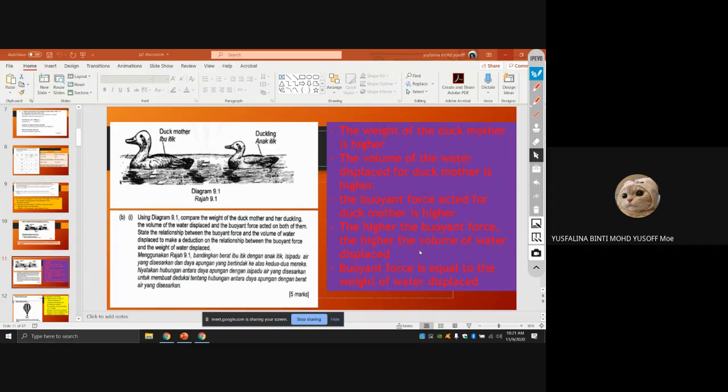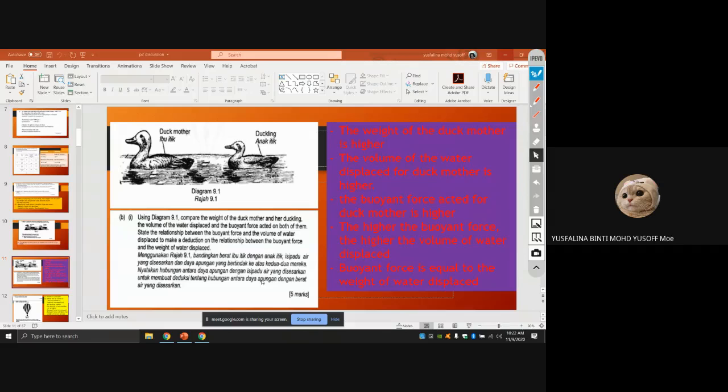Saying the buoyant force is equal to the volume of water displaced is wrong. Actually the buoyant force is equal to the weight of the liquid displaced, not the volume. The next one asks you to make a deduction about the relationship of the buoyant force and the weight of water displaced.